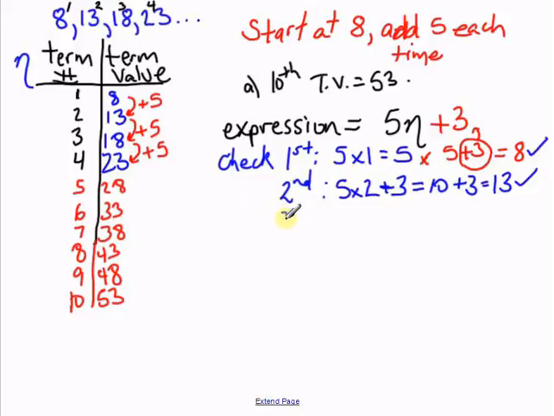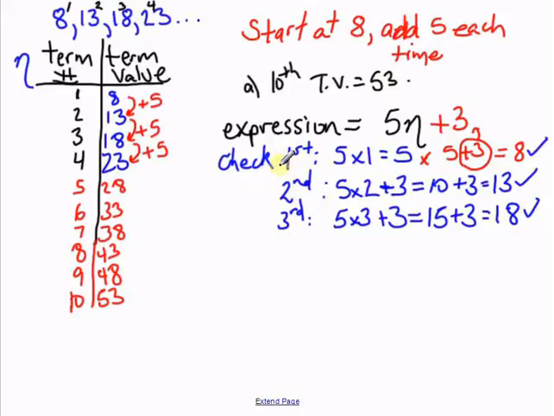I'm going to check the third one again. Hopefully that will work out for us. So the third one, n, will be 3. So 5 times 3. And I still have plus 3 in here because that's part of my expression now. 5 times 3 is 15, plus 3 more is 18. Sweet.